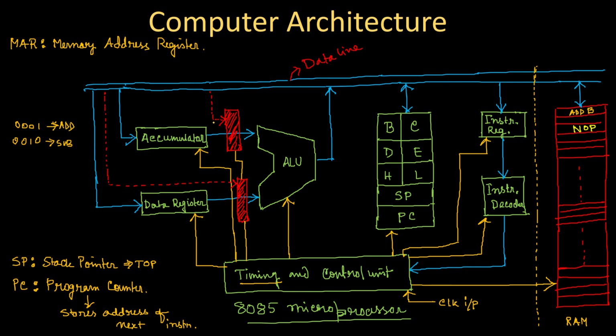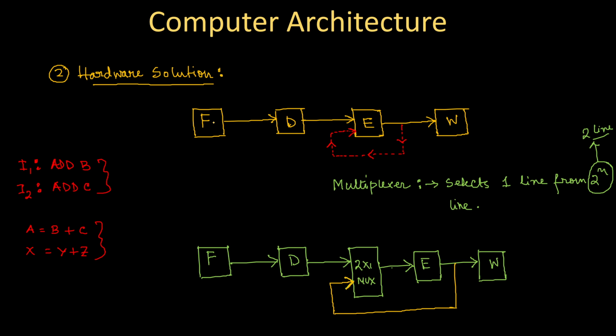So this is what we have discussed as the hardware solution, and the approach actually is that the operand that you require in the next instruction. Like if we consider this case, here it is A equal to A plus C, right? A is the accumulator, right? And here A equal to A plus B, and here A equal to A plus C. So what I require is this A for using over here. And what is this?